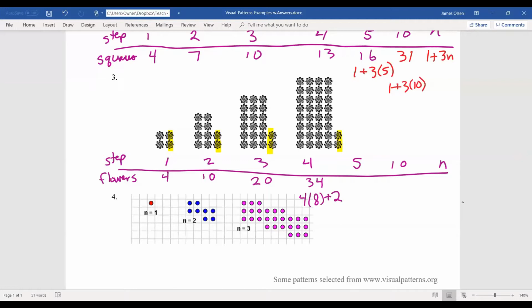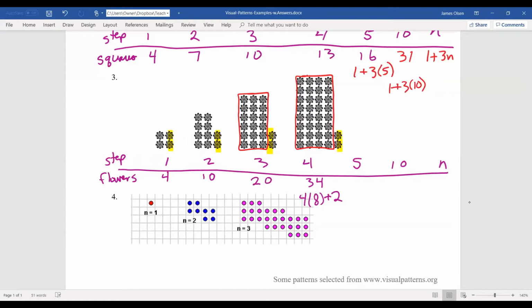And then I have a rectangle. And the rectangle in the fourth case is 4 by 8. In the third case, it's 3 by 6. So let's see what the number is going to be for step 5.